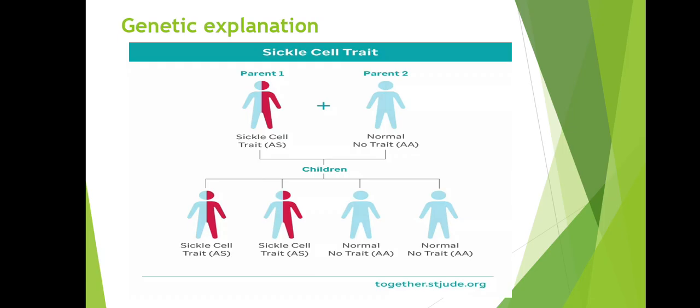When we cross match them, we find that the chances are 50-50. So if this couple is going to have 20 children, the possibility is that 10 of those 20 are going to be affected by sickle cell, not trait, but sickle cell anemia. I hope you understand that.